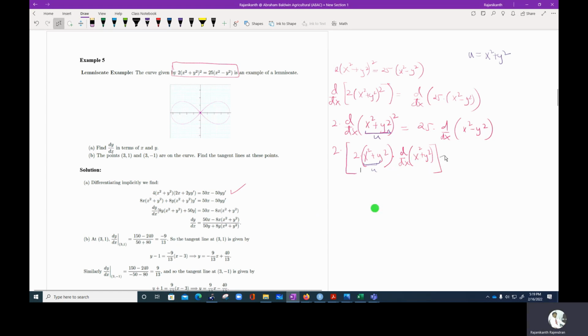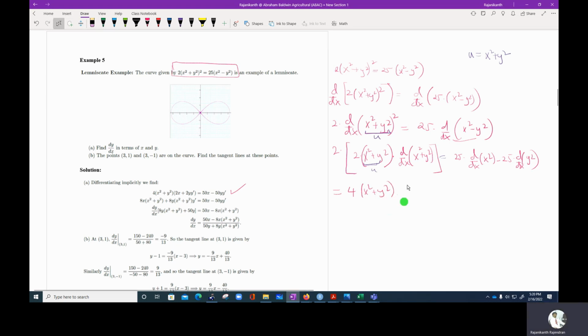Now that side, let me change the color. On that side, 25 is a constant. Now take the derivative term by term: the derivative of x squared, then minus 25 times d over dx of y squared. Here 2 times 2 is 4, x squared plus y squared.